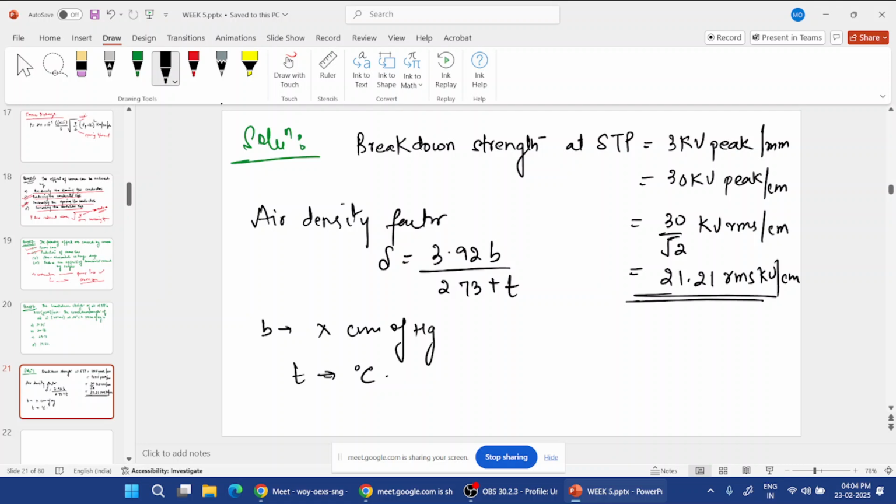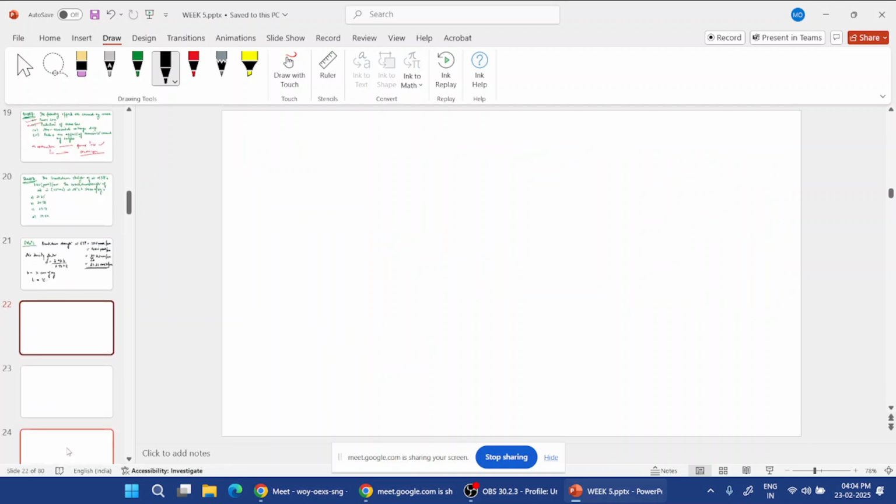So basically in this question, we have to calculate it at 26 degree and 74 of Hg. So for that, delta is equal to 3.92 into 74 divided by 273 plus 26.